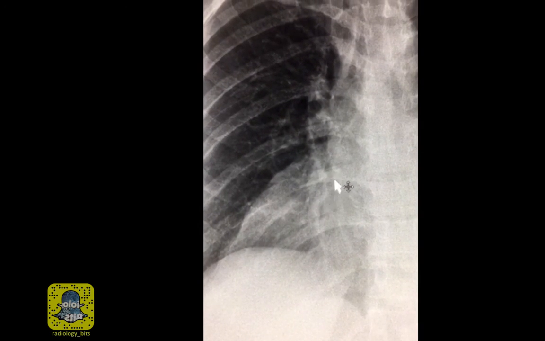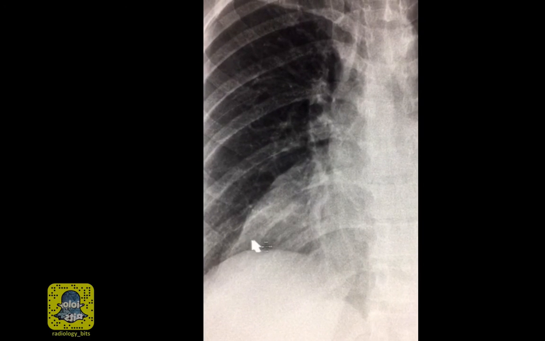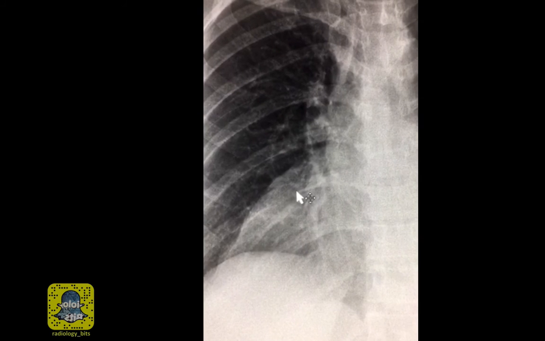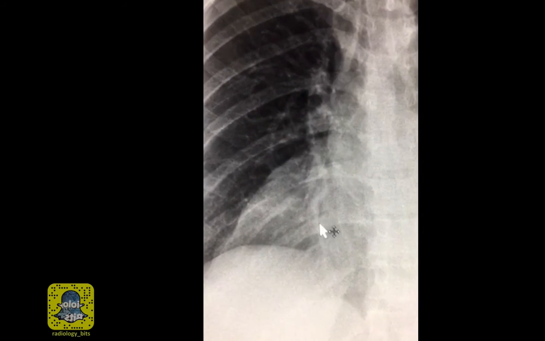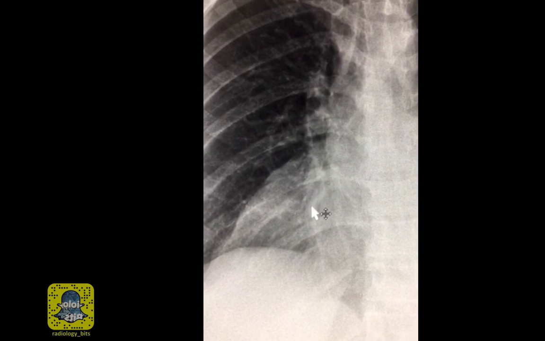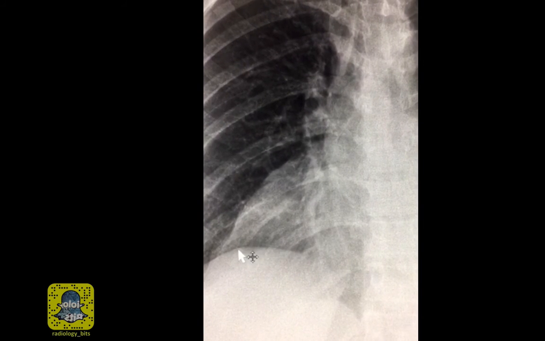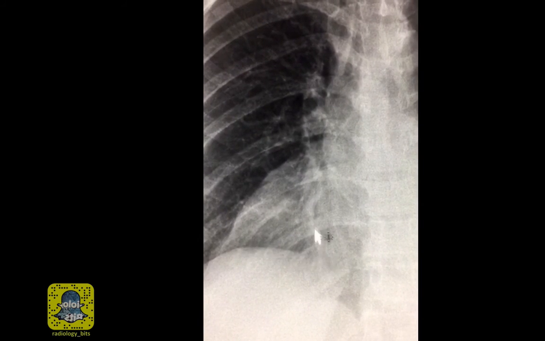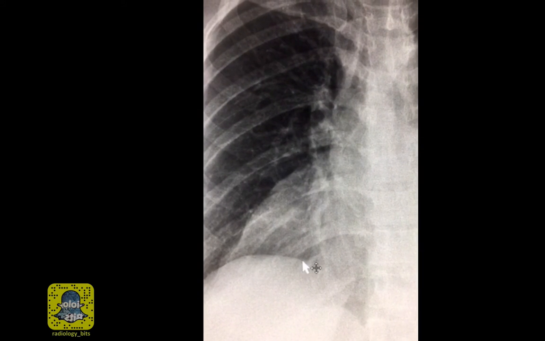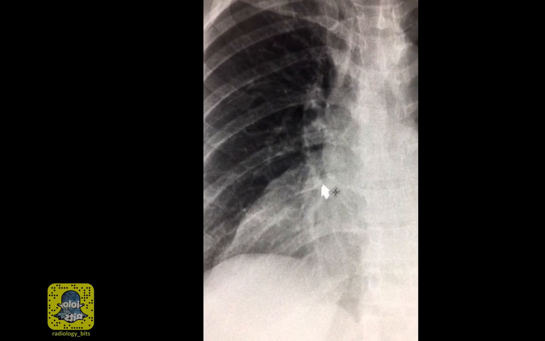One classic descriptor of fat pads is the relative well-defined appearance with a homogeneous lower density than expected, meaning that the opacity does not obscure the underlying lung markings, such as these vessels here, and does not create a silhouette sign with the diaphragm or the heart. So there is no obscuration of the hemidiaphragm or the adjacent cardiac border.